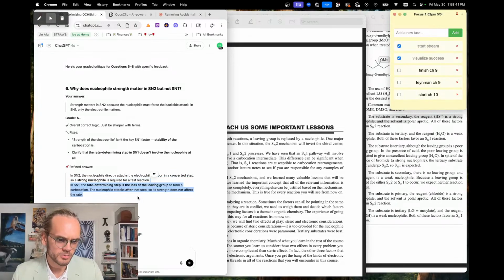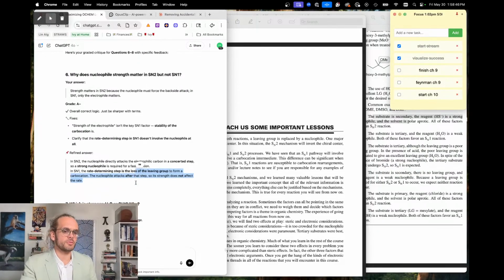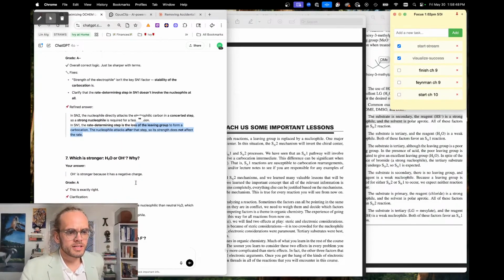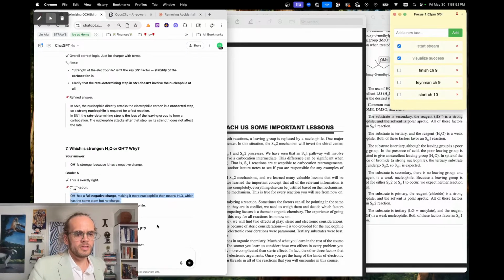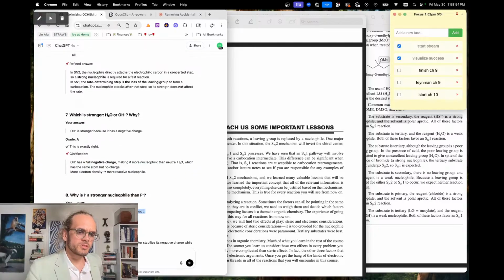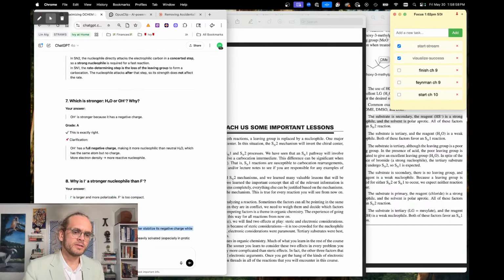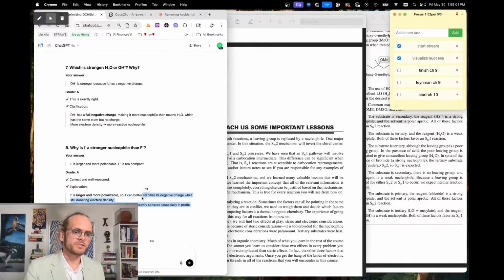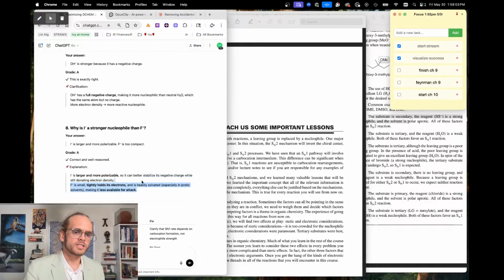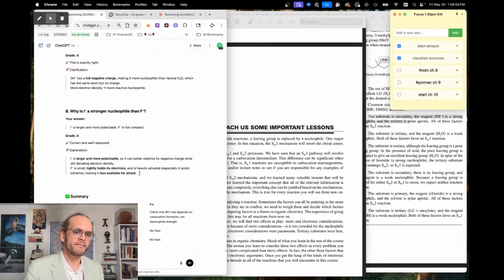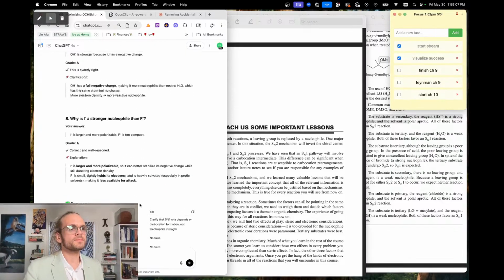The loss of the leaving group is the rate determining step. So it's the leaving group that matters. Which is stronger? OH minus is stronger. That's right. More nucleophilic than neutral. Okay. Why is it larger and more polarizable? Yep. I didn't say more polarizable, but I'll take it. Better stabilize its negative charge while still donating. Hold its electrons. Heavily solvated. Okay, yeah. That's all good.